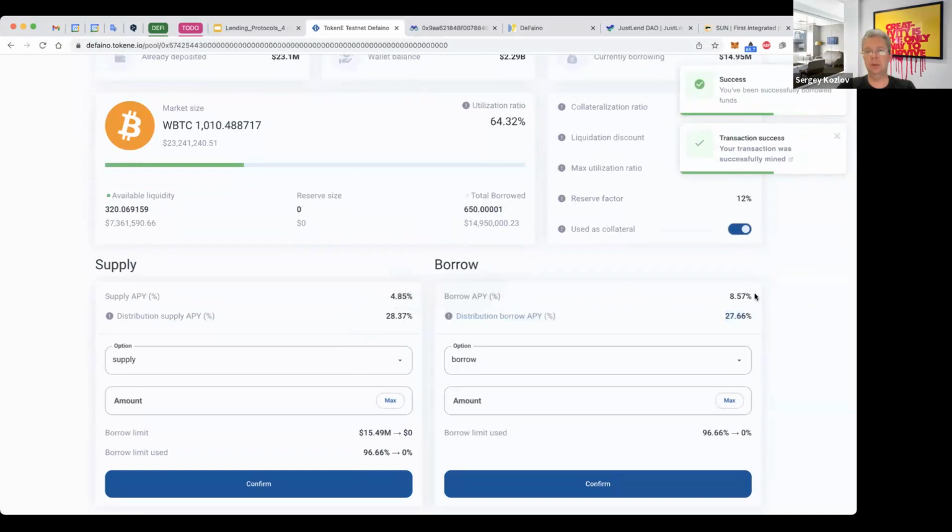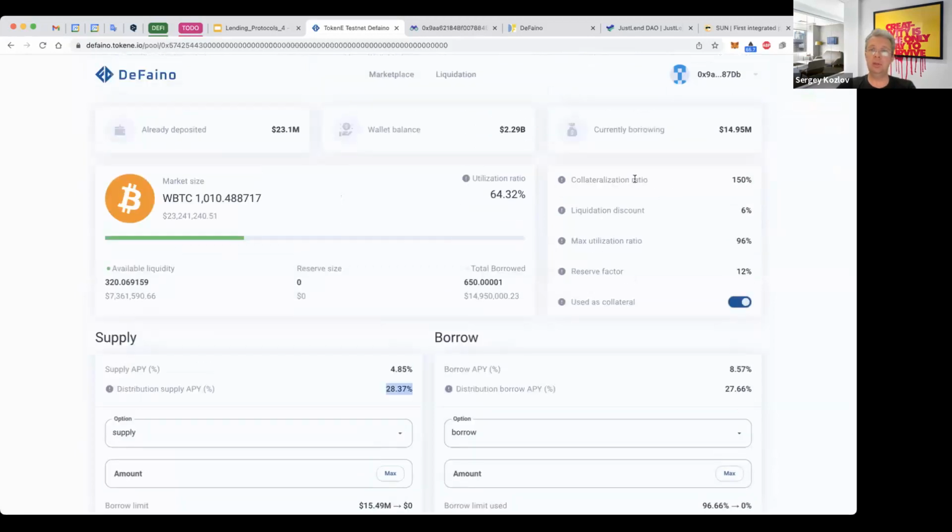So this is it. I have 64 utilization ratio. I have a high interest rate, and I have a different relationship of the interest rate. It's almost the same. But now you see that we're more interested in deposits because we have a higher utilization ratio.